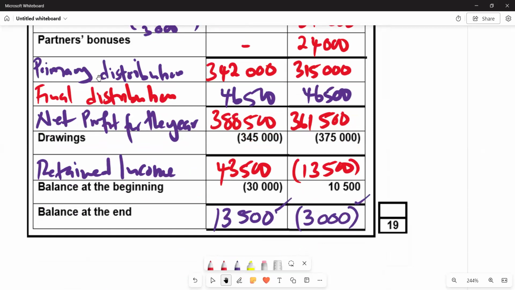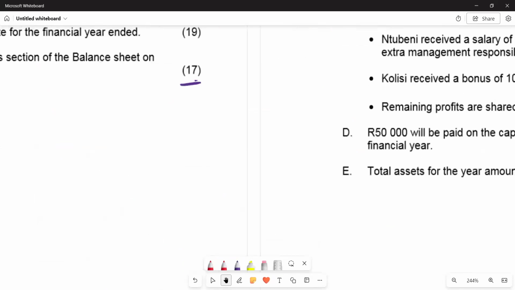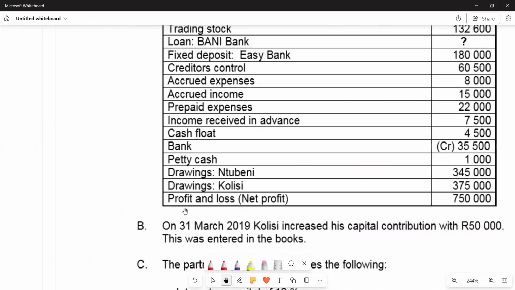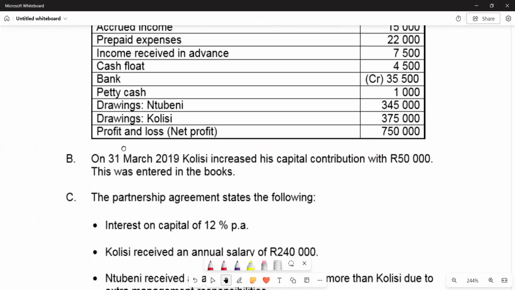So we are going to go to the question now to see what it says about the information that we are given. You see that a continuation of the question starts from here, where we are given an extract from accounting records on 30 September 2019. So we are given a list of balances that you need to go through before you answer the question.